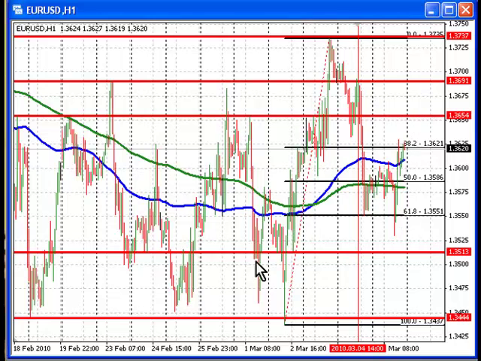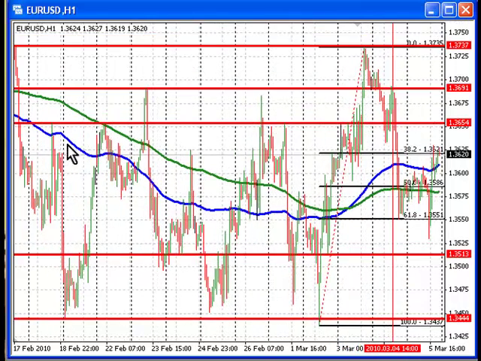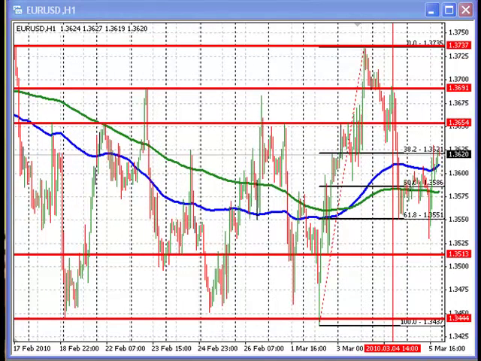Other levels off this hourly chart that are of significance is this 54 level. If you look back over time, you can see a number of different bars on the hourly chart that kind of stop at that 54 level. You can plainly see 1, 2, 3, 4, it came up to that level, 5, 6, 7, 8.